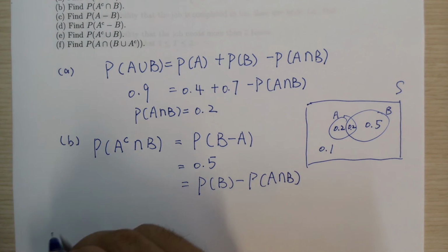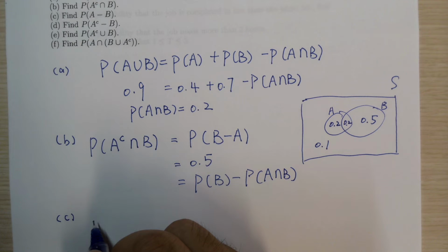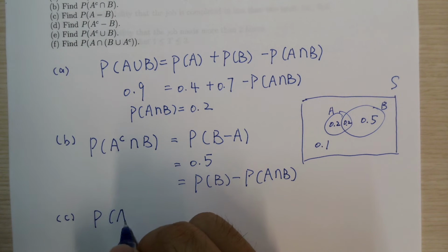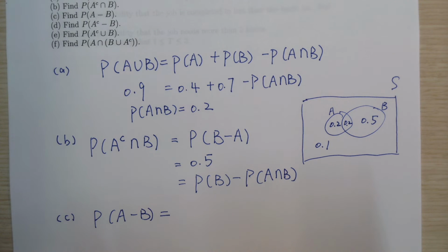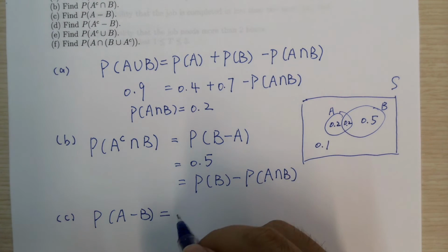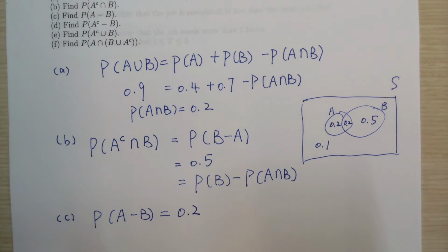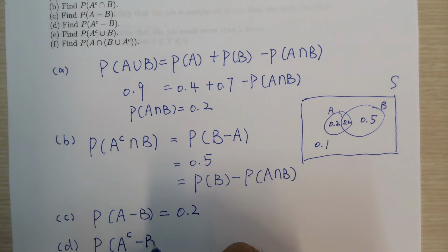Part C asks us to find P(A minus B). So A minus B, as you can see from here, equals 0.2. Once we have this Venn diagram, things become very straightforward. Part D, P(A complement minus B).